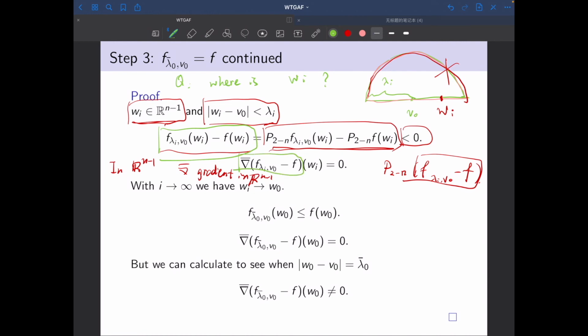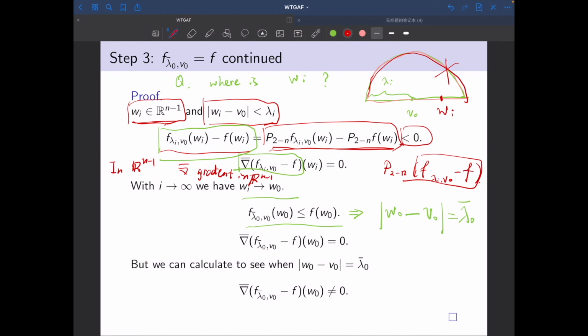And these two functions depend on lambda continuously, so we can take the limit as i goes to infinity. If needed, we can look at a subsequence so that Wi converges to some point W0. Then firstly the inverted function will be less than or equal to the original function at the point W0, and this means that the distance between W0 and the center of the sphere has to be exactly lambda naught bar.